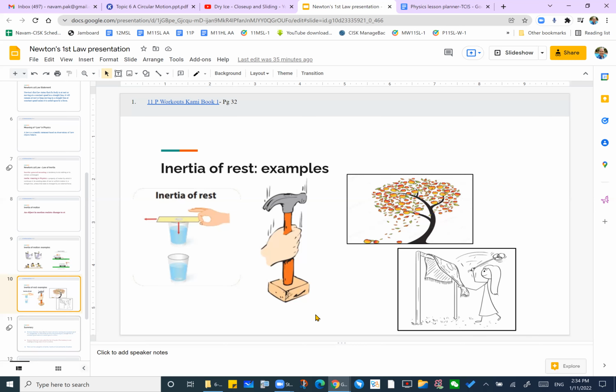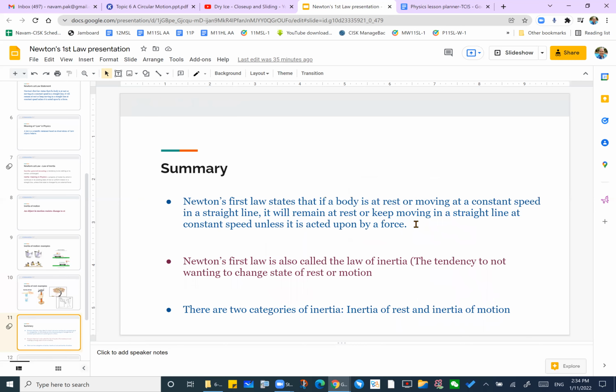Okay. And so to summarize, Newton's first law, as I said, is very important. I'd recommend that you learn this verbatim. There are a few things that we'd encourage you to learn verbatim. One of these is this law.